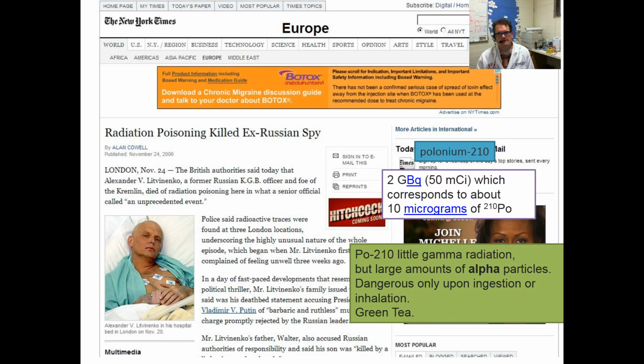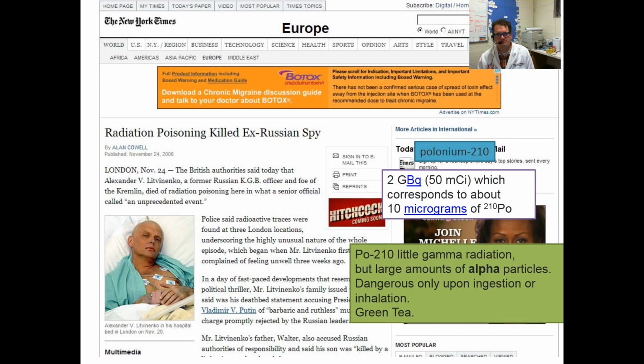Here's a famous thing that happened in 2006. This is Alexander Litvinenko, a former Russian spy, a Russian KGB officer and foe of the Kremlin.